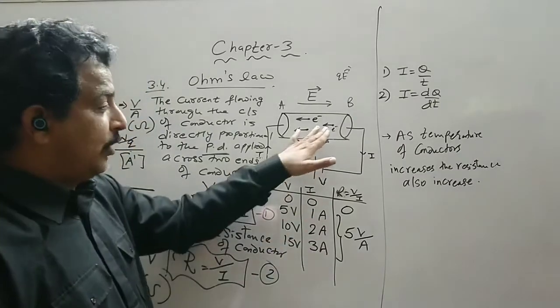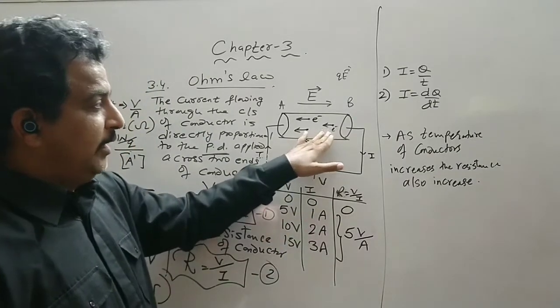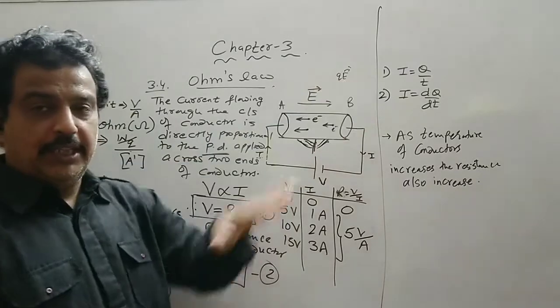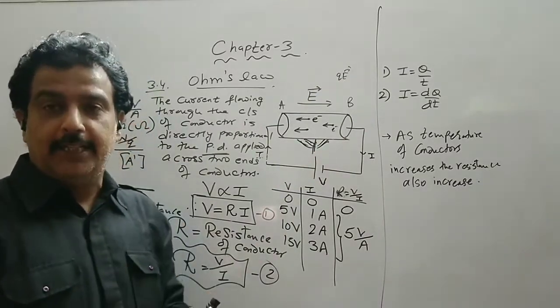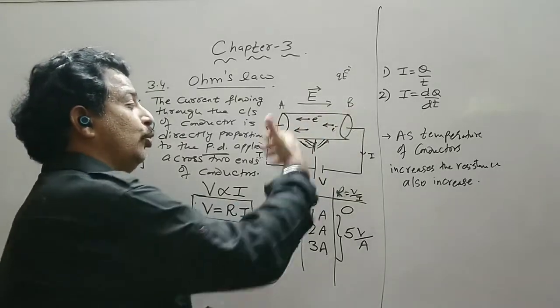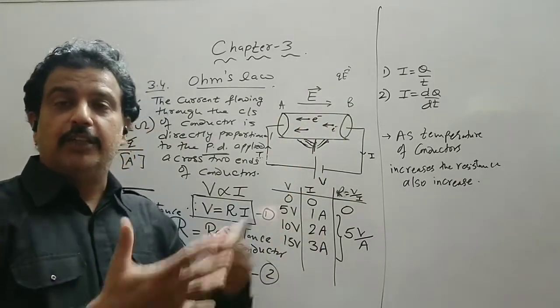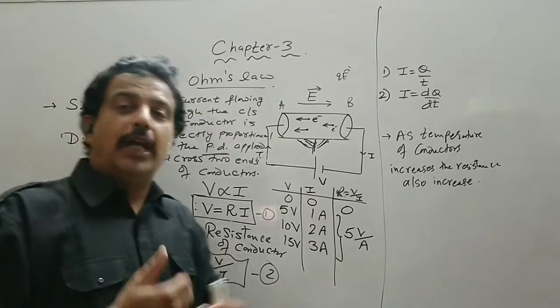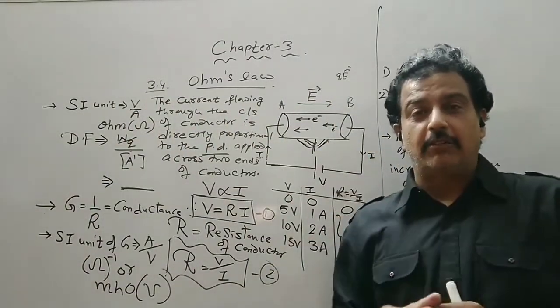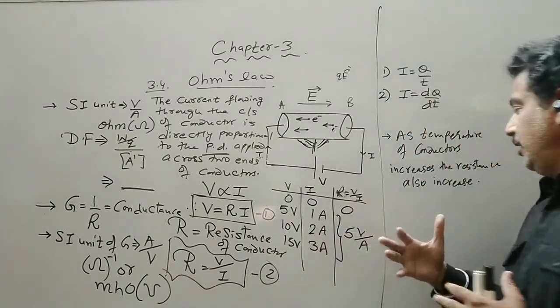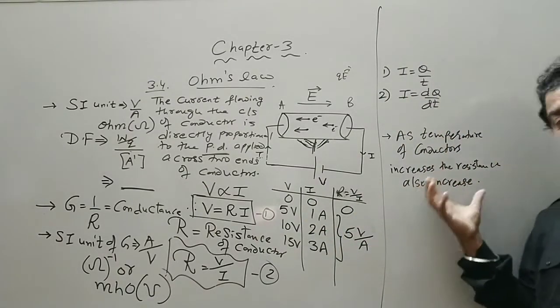So this electron having the force QE will get additional thermal energy, or heat energy, and they will try to accelerate. As they accelerate, they will collide more frequently, meaning the collisions will be more in a shorter interval of time, and as a result the resistance also increases.